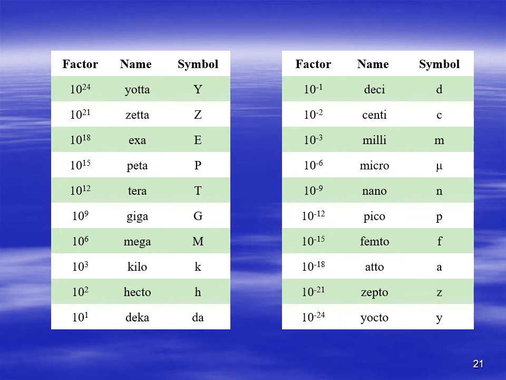Some I've never seen, never used in my life. Some of you are probably familiar with kilo, like kilogram, or millimeter. You've probably heard of that before. And some of these are used also in computers and also in atmospheric sciences. For example, we use the hectopascal. But I've never heard of a yotta or a zetta or an exa.